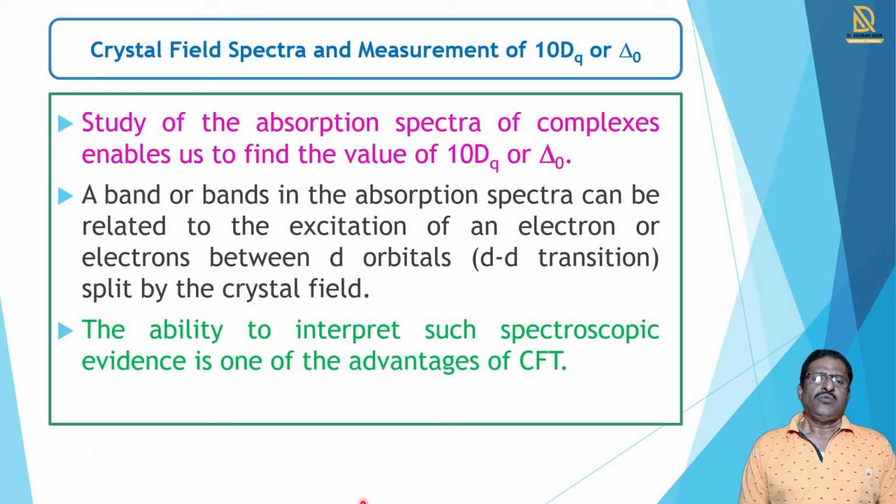So we see the crystal field spectra and measurement of 10 Dq. In that, we studied the absorption spectra of complexes. This absorption spectra of complexes enables us to find the values of 10 Dq. The bands observed in the absorption spectra can be related to the excitation of electrons between d orbitals, and that is called dd transitions.